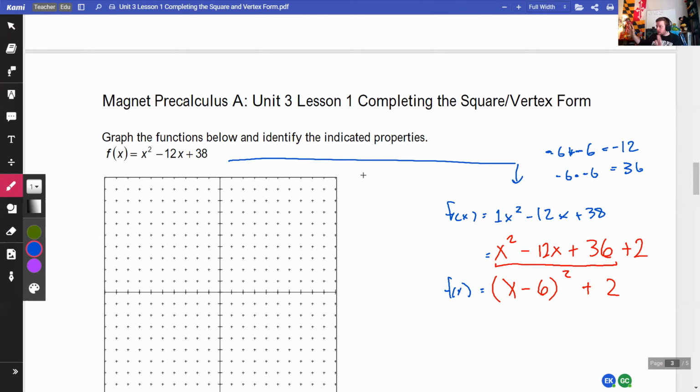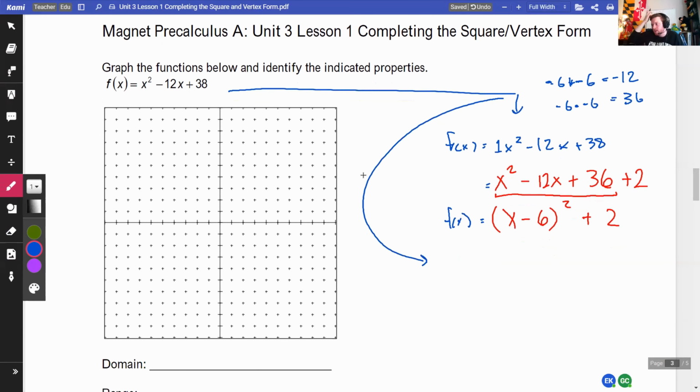He's done everything to one side, which kind of segues me into what I usually do. Both of these methods are completely valid. But I'm going to start over, with plus 38. I'm going to ignore that 38 and concern myself only with what I need to do to create a perfect square trinomial.